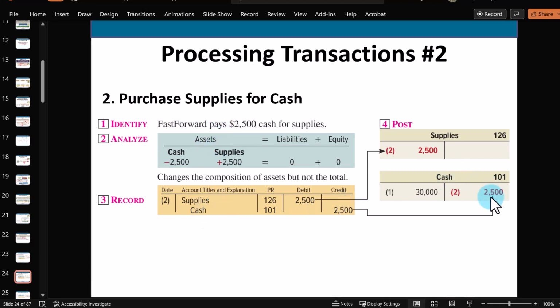Cash, you're decreasing the asset with a credit. But here, we're paying for supplies, which is another asset, just like cash. But because one is increasing and one is decreasing, we know one has to be debited and one has to be credited. And again, the rule for assets, all assets, we increase them, increasing supplies with debits and decreasing the cash asset with a credit.